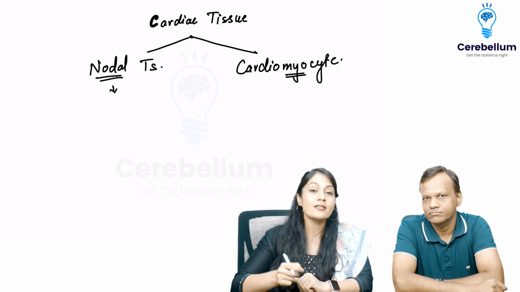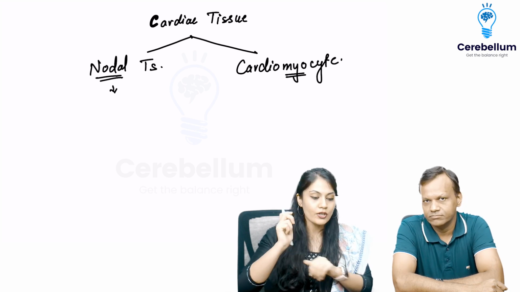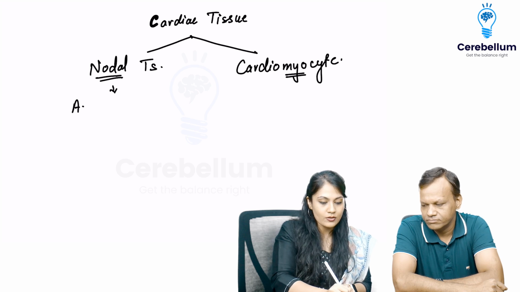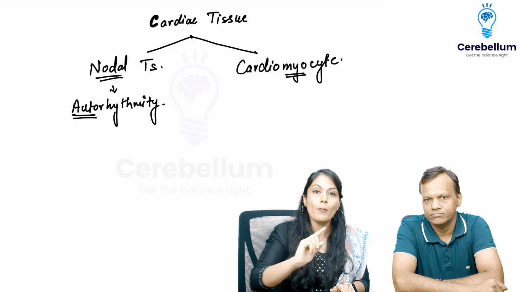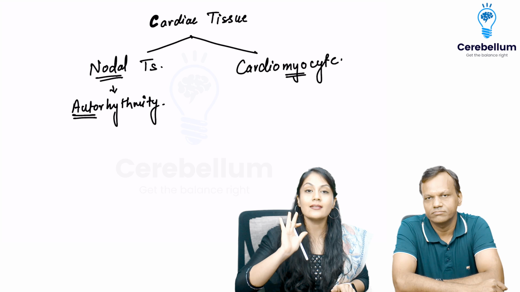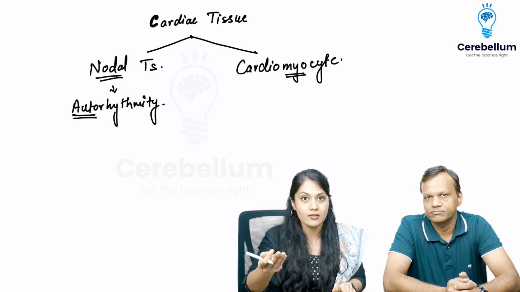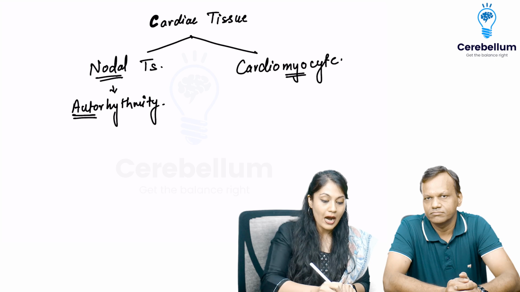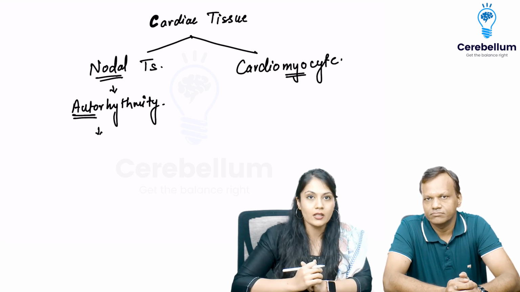So what happens is, thanks to this nodal tissue and the pacemaker, which has the property that is known as autorhythmicity. That means automatically it produces its own action potential. It's not like the skeletal muscle wherein you have to give the order to the muscle, right? So let's talk about how this autorhythmicity is generated in the pacemaker tissue.